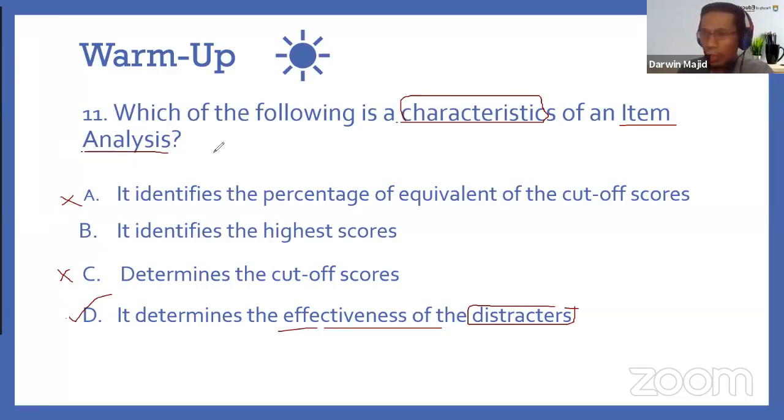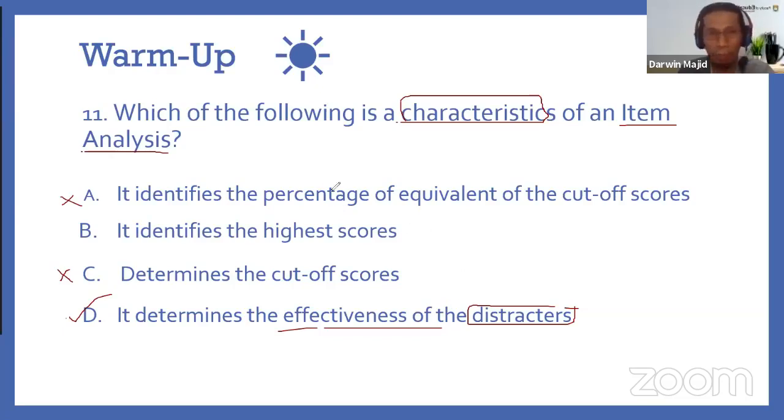That's why in the TOS, di ba, meron tayong percentage na 70, 20, 10. Am I right? Yes, sir. Okay? At that is how we distribute the test questions. And together with the test questions, we are guided with different principles. Okay? And one of that is the homogeneity of the choices.